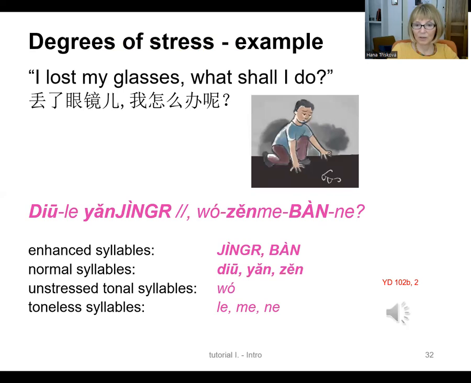Let's listen to it once more. Here it is. 丢了眼镜我怎么办呢？ So I hope you have noticed that 劲 and 半 are the most prominent syllables.